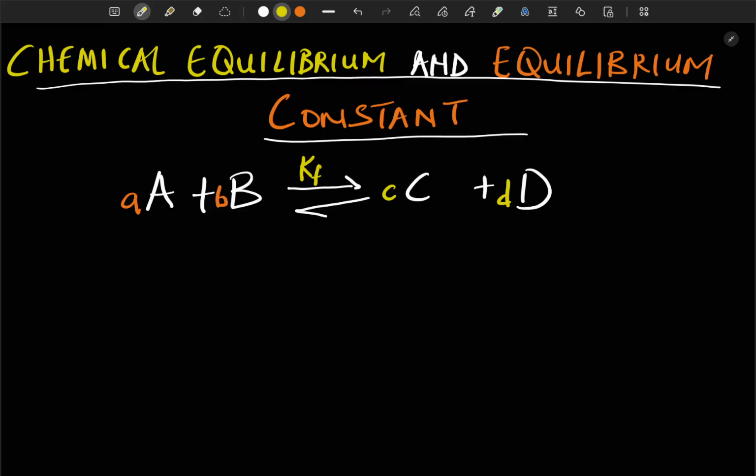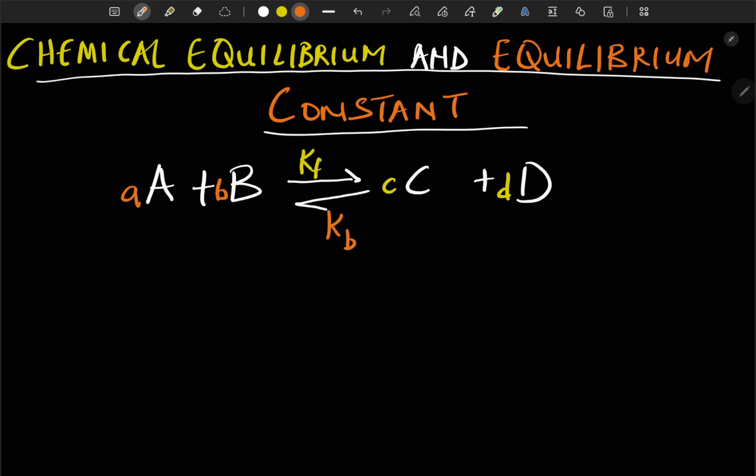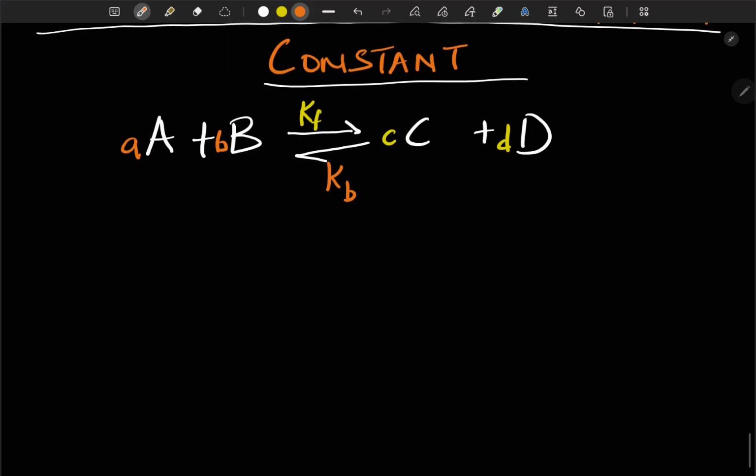And also, if we consider C plus D going back to A plus B, that is a backward reaction, and the rate constant for this backward reaction, we are going to call Kb. So we can have two expressions according to the law of mass action for this hypothetical reaction.